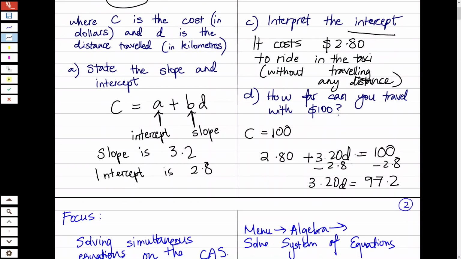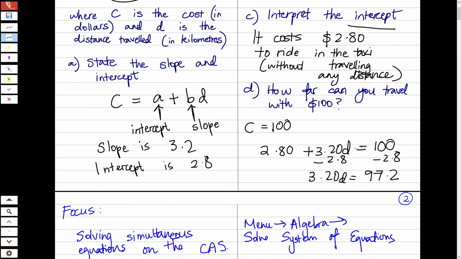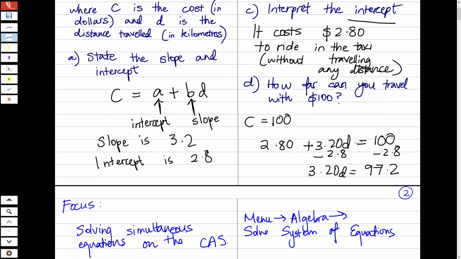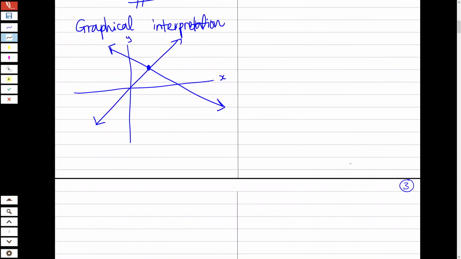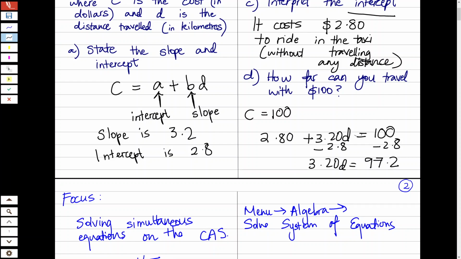Okay, as this thing is scrolling, what should I do now to solve this equation? I'm one step away from solving this equation. Divide by what number? 3.2. Okay.